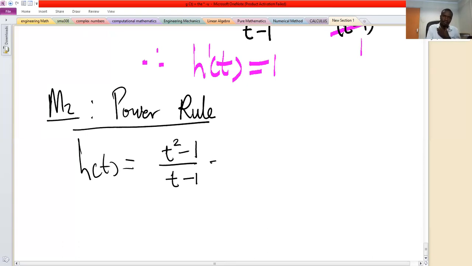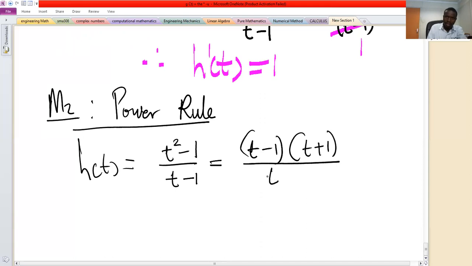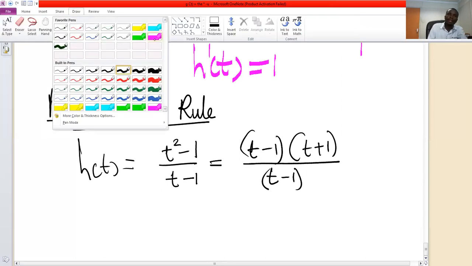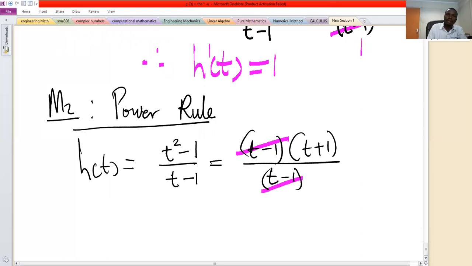You see, this is the same as t minus 1, t plus 1, a difference of two squares, and then divided by t minus 1.